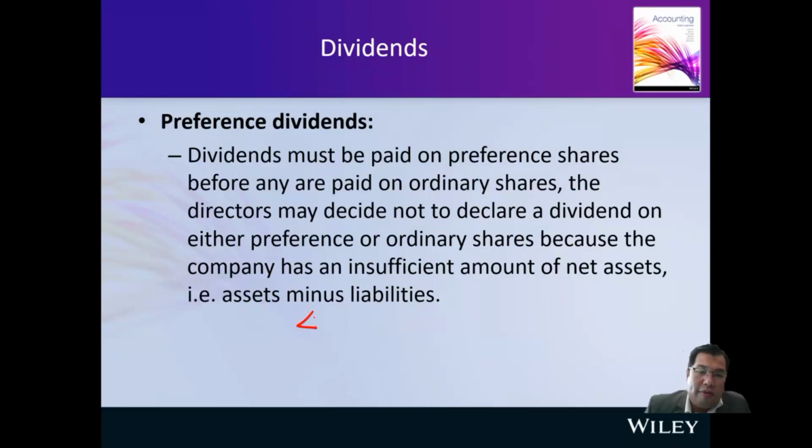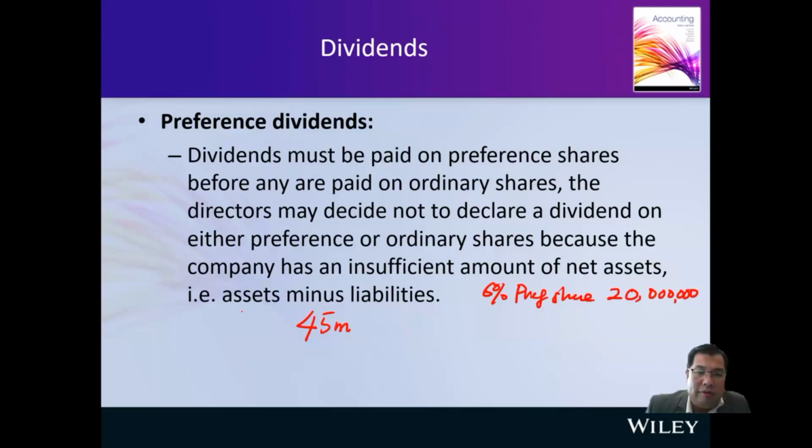So if you have 45 millions and you have preference shares, maybe 6% preference shares of 20 million, this is the number of shares.